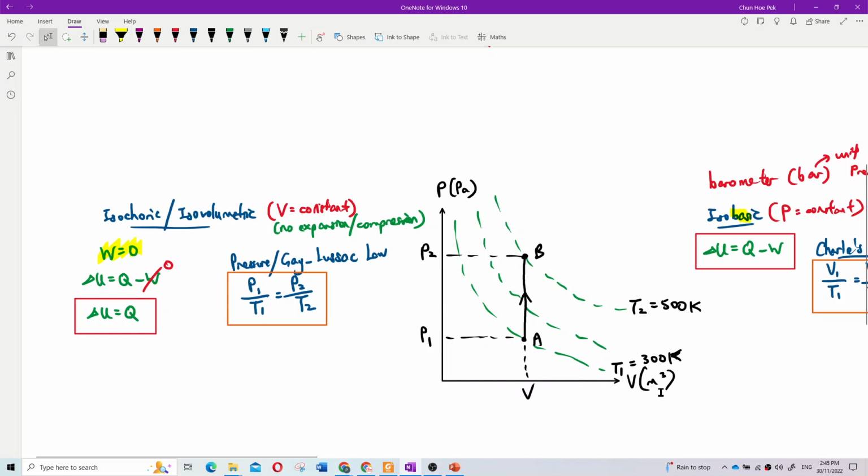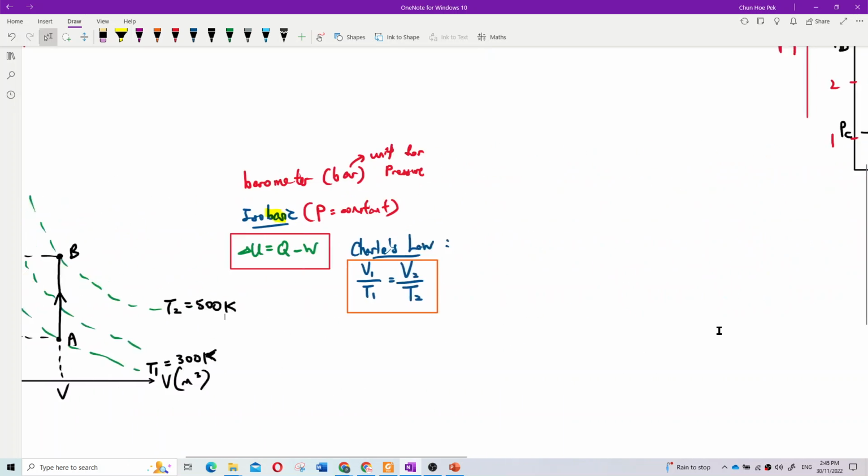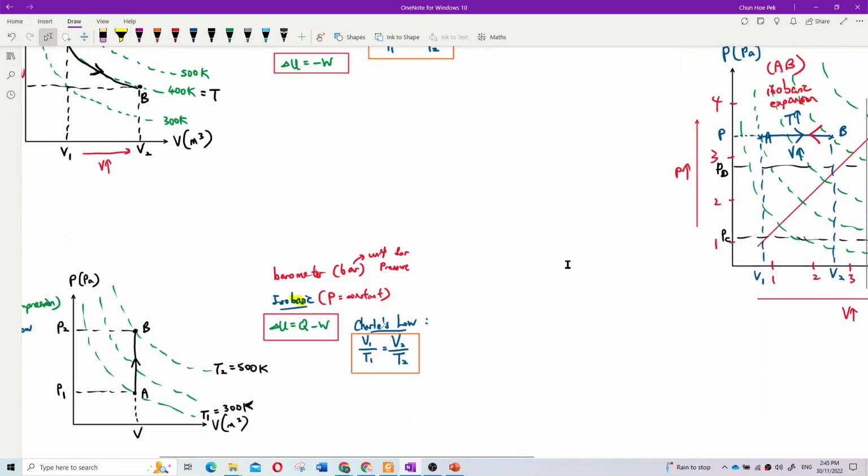So I have the temperature value, pressure value, and constant volume. Okay, and that's it. And then how about the Charles law graph?